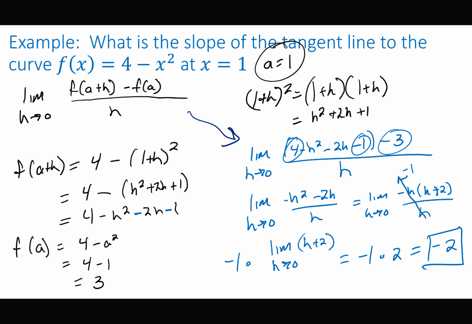Okay, and again, that is the slope of the curve when x is 1. 4 minus x squared, we know, is that parabola that's opening down. The 4 just creates a shift, but at 1, we're going to have a negative 2 for a slope, which makes sense. Because the parabola opens down, it's going to create a tangent line that has a negative slope as well. So negative 2 is the correct answer.